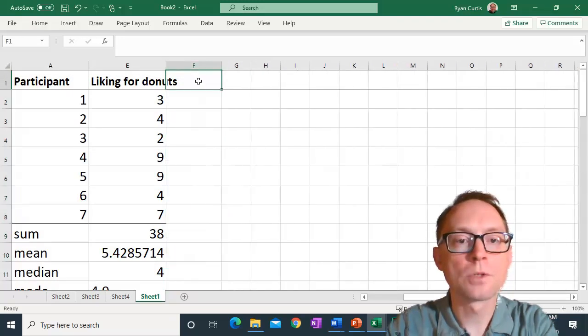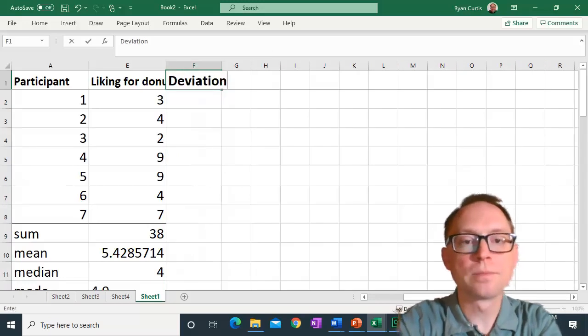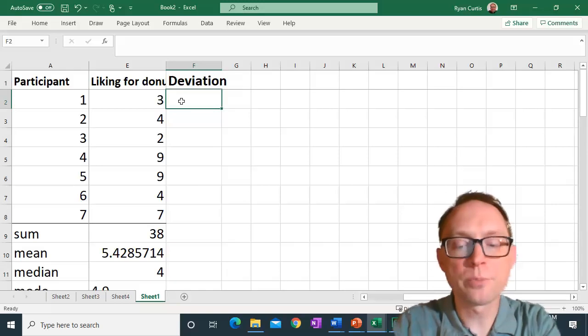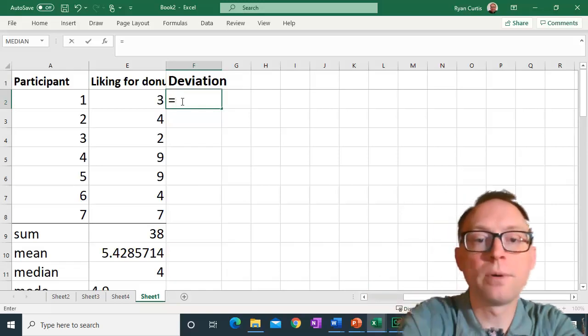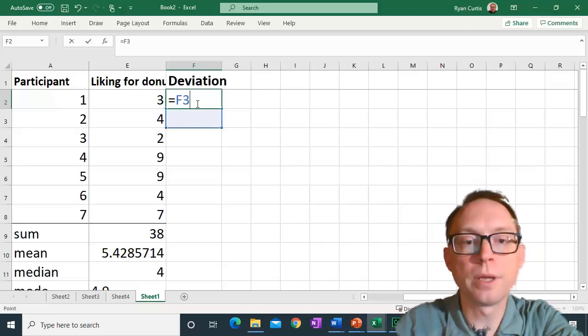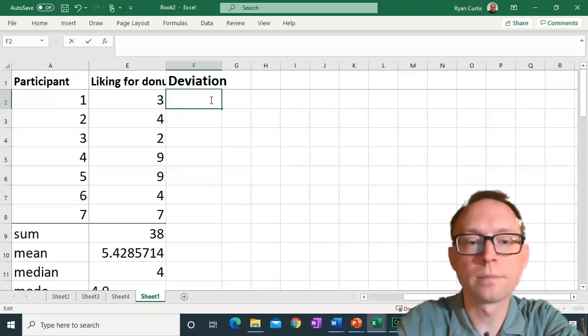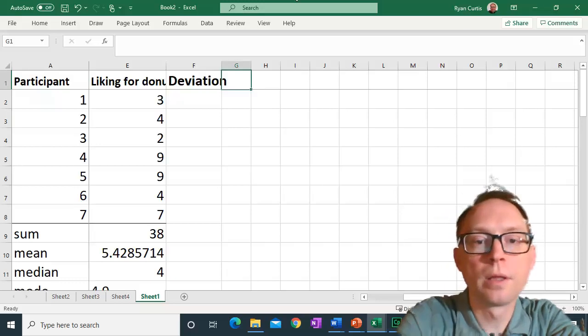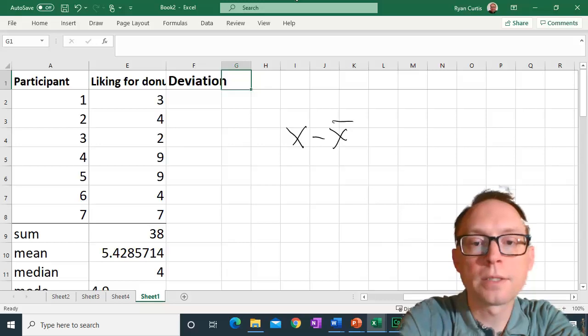So what we're doing is we're going to get the deviation. Okay? So the deviation for the first person, because it's a sample, is going to be x minus x bar.